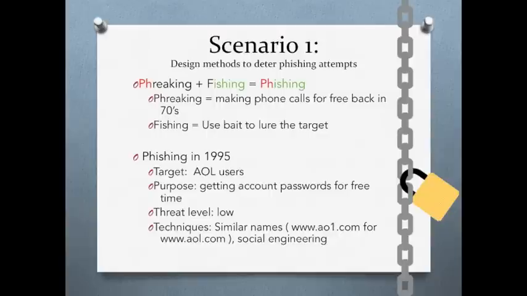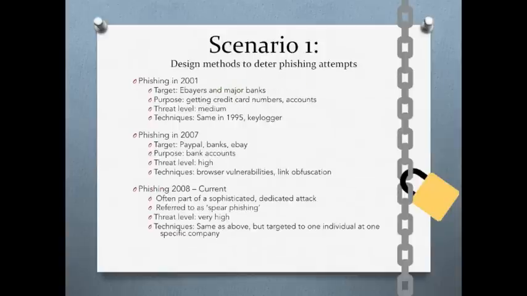So was this sophisticated? Oh, no, of course not. However, it was effective because up until now, no one had ever seen a phishing-based attack, and so it actually worked quite well. Fast forward to around 2001, we begin to see phishing attempts against eBay and major banks. People would take a typical screenshot of a bank, or at least the logo, and pop in some information about, hey, we need your account information, or we're going to delete your account.